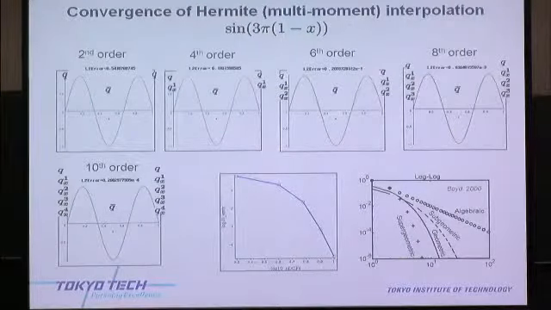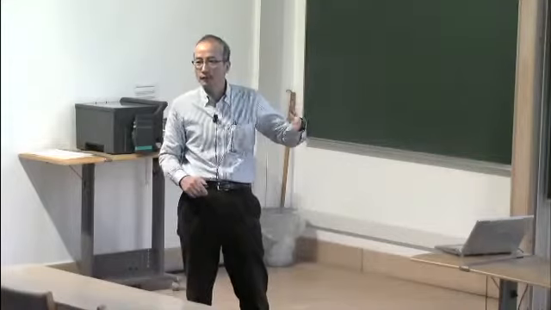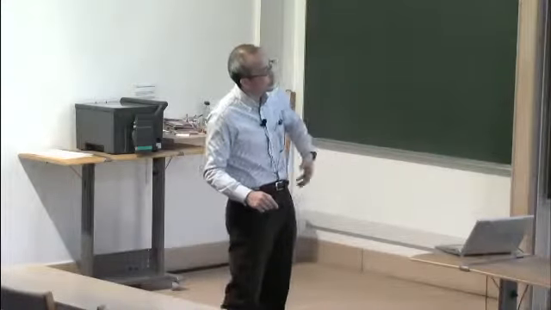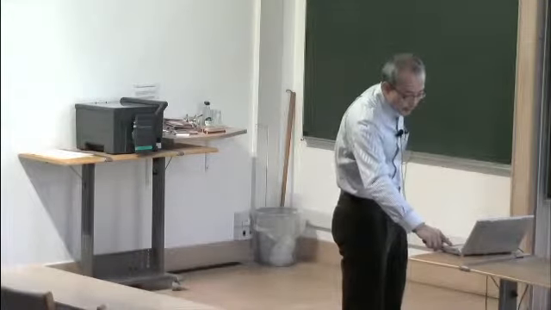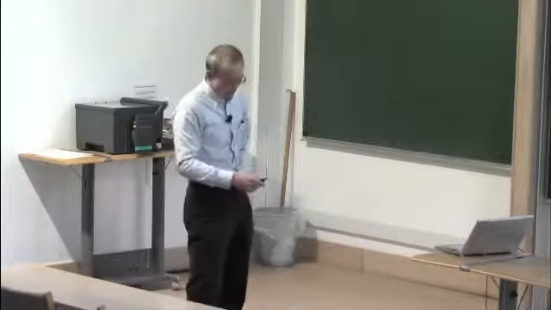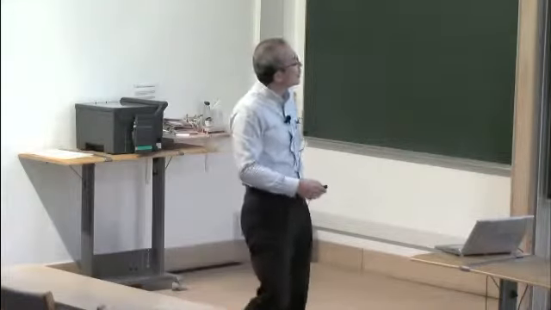So we can see we can also get some kind of spectral type of convergence, or here he used the geometric type of convergence. So it's reasonable to choose the Hermite type of interpolation for reconstruction.